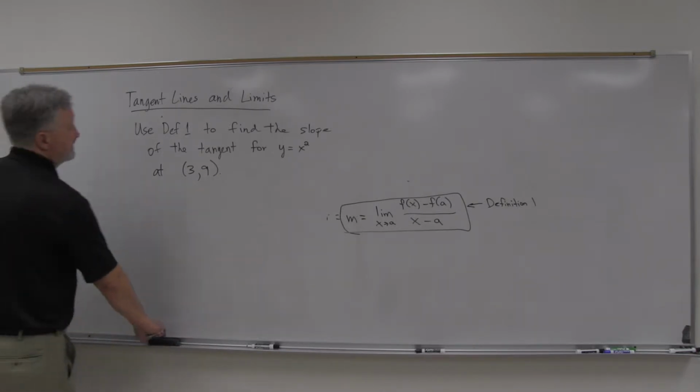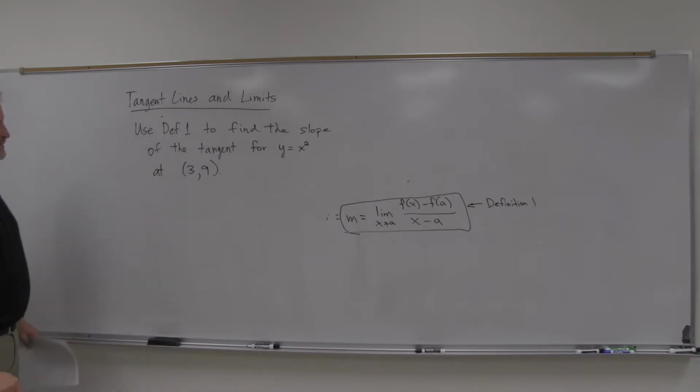Okay? Use definition 1 to find the slope of the tangent for y equals x squared at the point (3, 9).